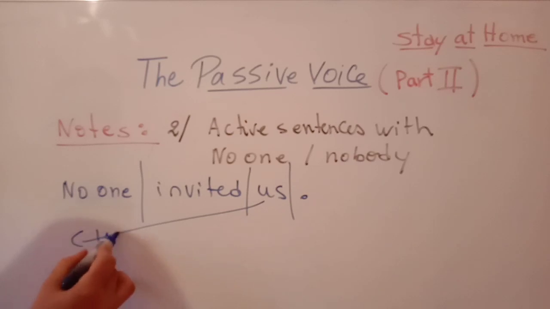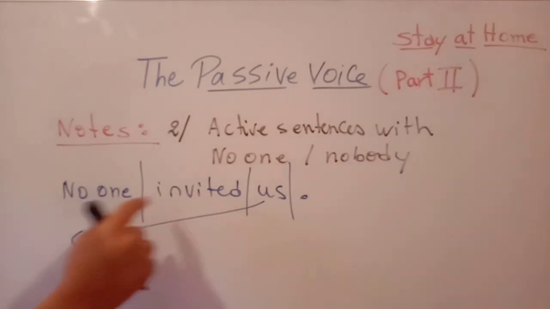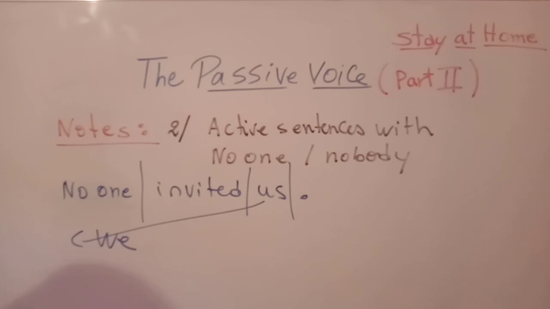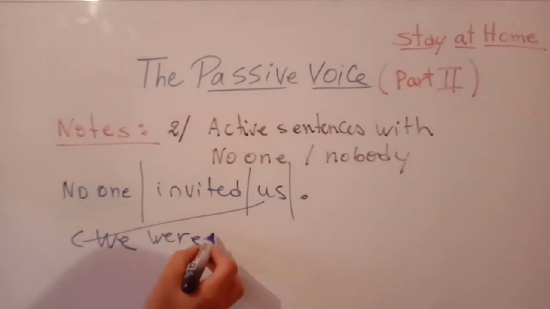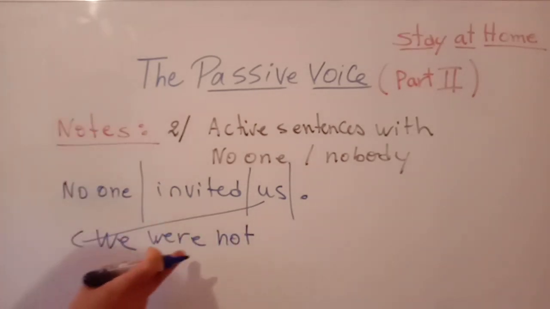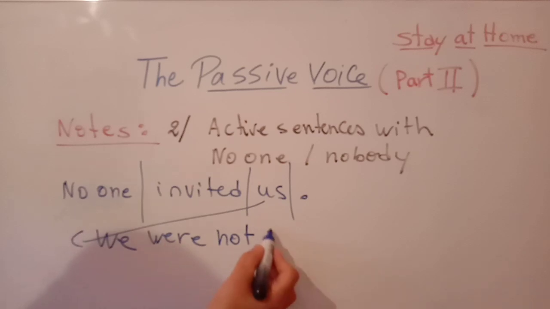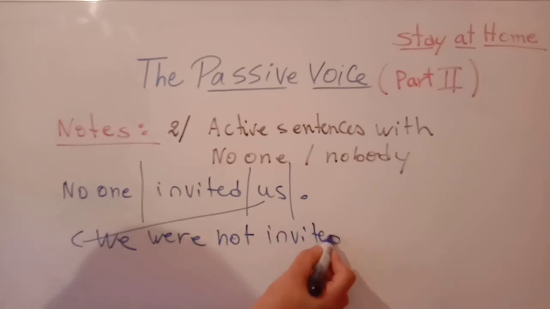Invited is simple past, so we are going to use either was or were. So here we have we were. Okay, so we need to keep the negation. We were not invited, plus past participle of the verb invite, which is invited. We were not invited. Clear?